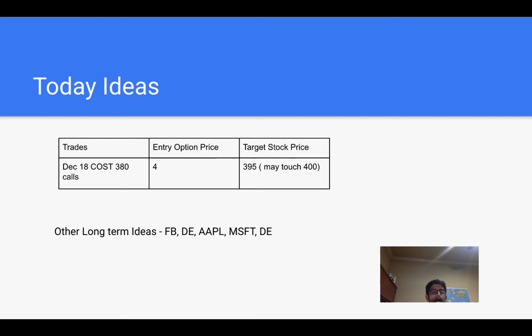That's the only one I played today, and it went up by $2 from the position I bought in. Okay, we'll look at the charts to see why I think that. There are other long-term ideas. What I mean by long-term ideas is at least 2 months, like we are looking at February or January calls, such as Facebook, Deere, Apple, and Microsoft. These are the things that I'm looking at.